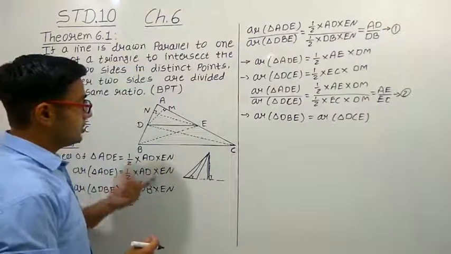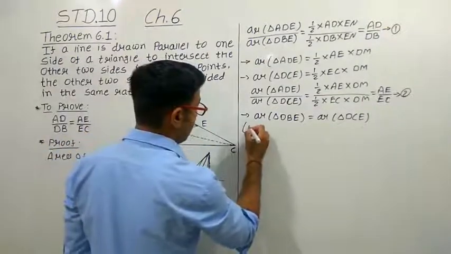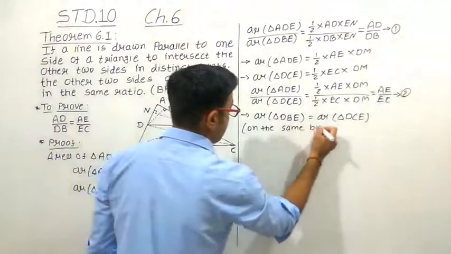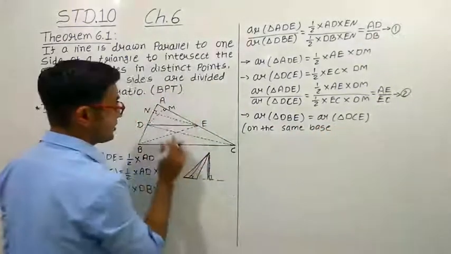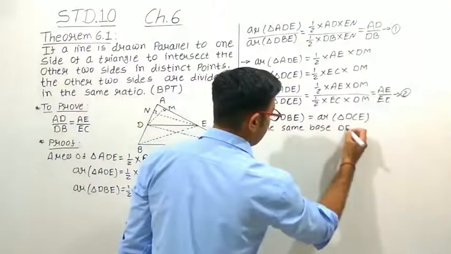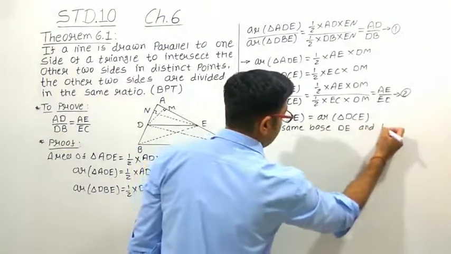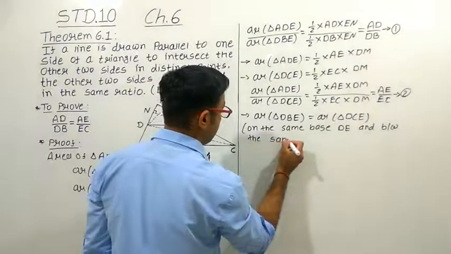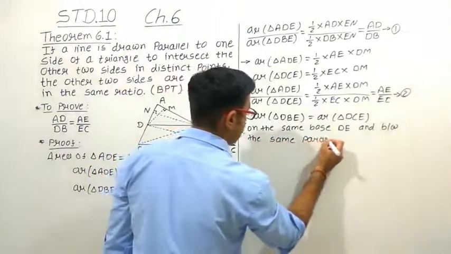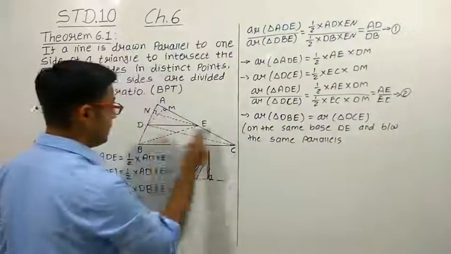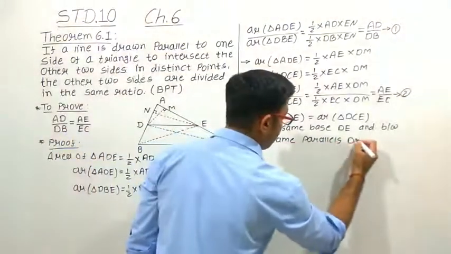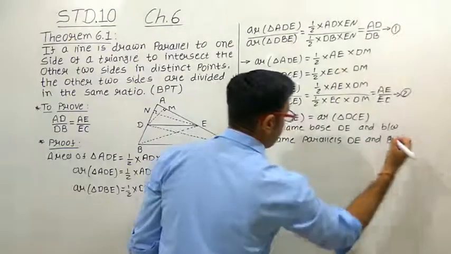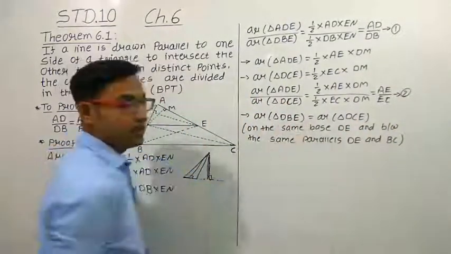Right? Because both these triangles are on the same base, DE, and between the same parallels DE and BC. Therefore we can write this.